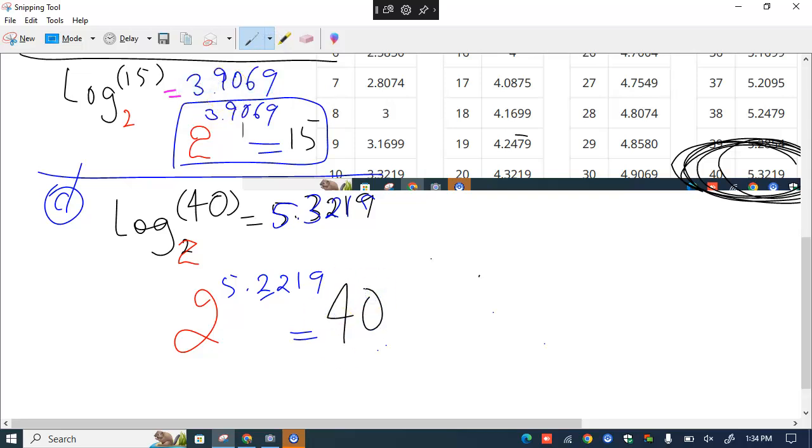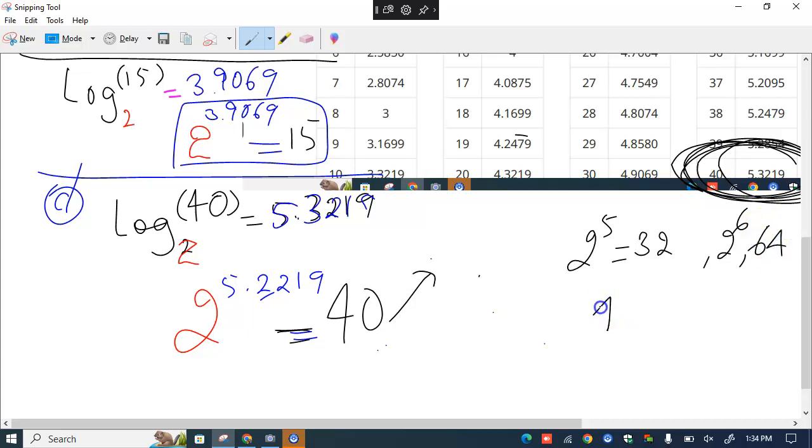You're done. It means when 2 is raised to 5.3219, you get 40. Another way to see this 40, look at this. We do know 2 raised to 5 is 32, okay, and 2 raised to 6 is 64.